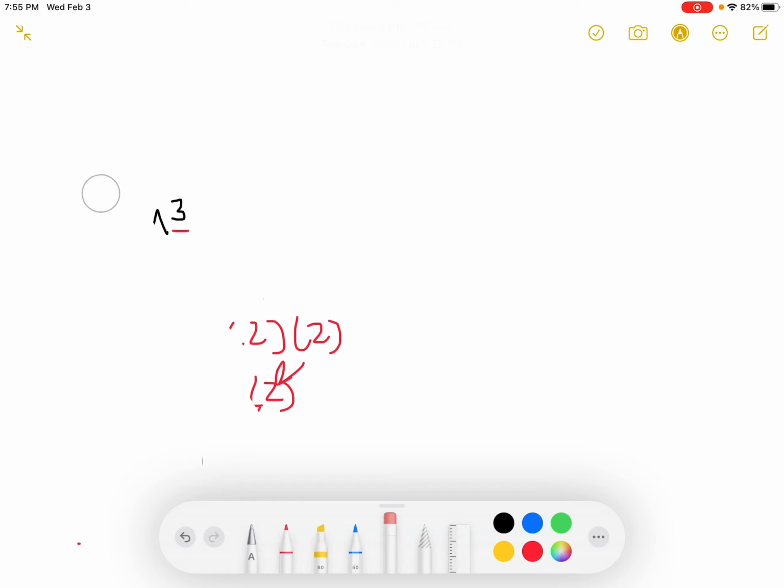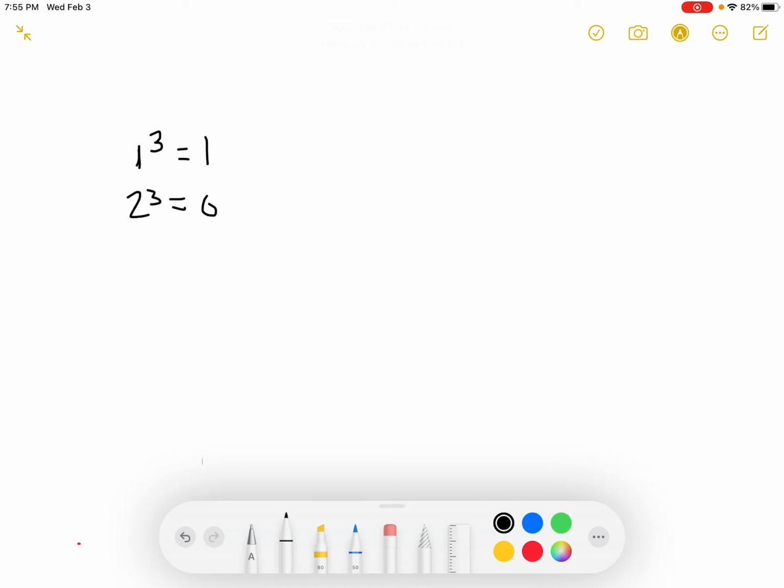But now let's just write down our cubes. Sometimes it's harder to remember these. 1 cubed is still 1. 2 cubed is 8. 3 cubed is 27. 4 cubed is 64. 5 cubed is 125.